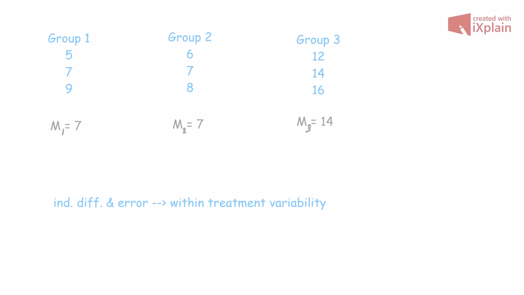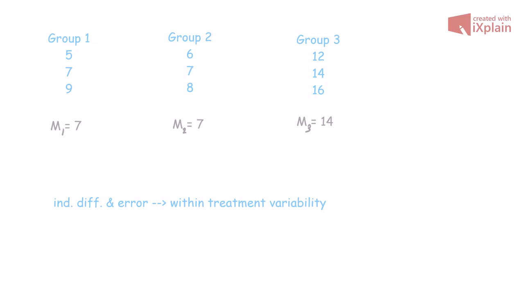However, there's something else also contributing to these means, right? Just like these people within group 1 are different from each other, it's also true that these people in group 2 are different from the people in group 1, and also different from the people in group 3.